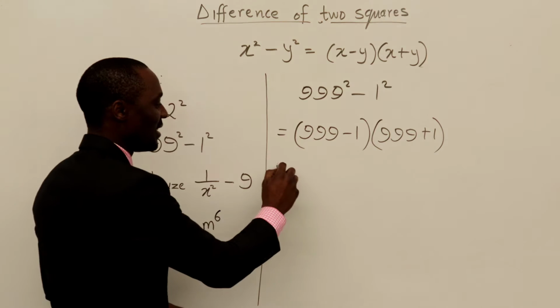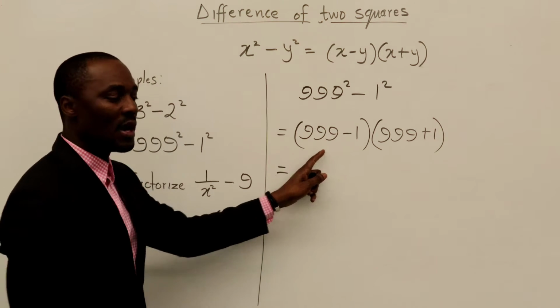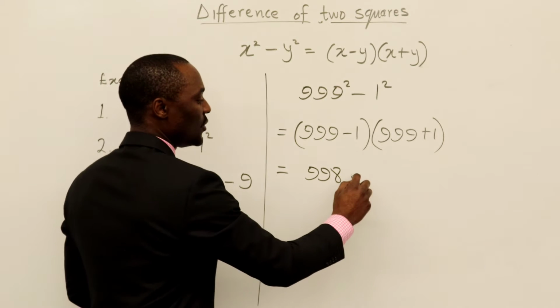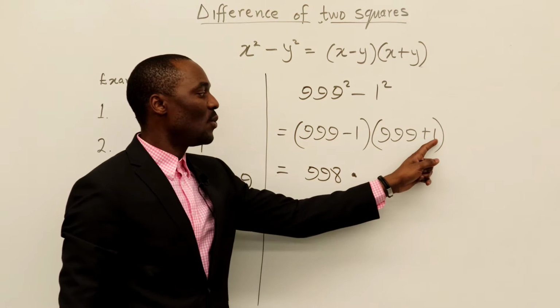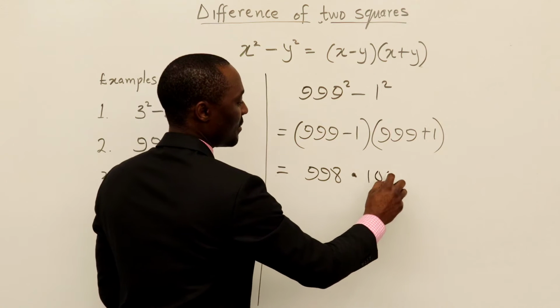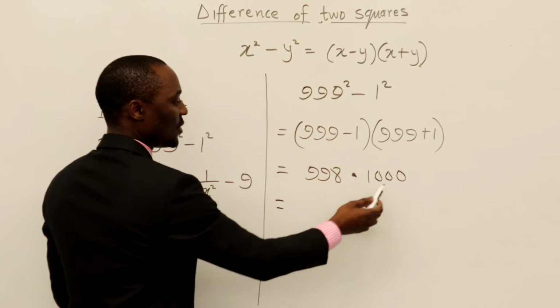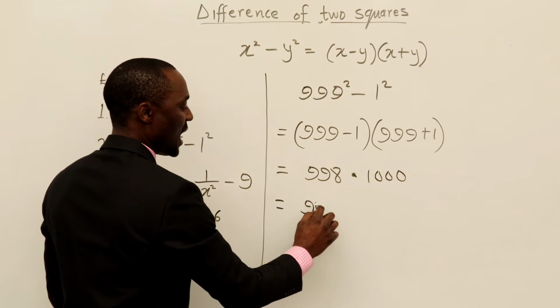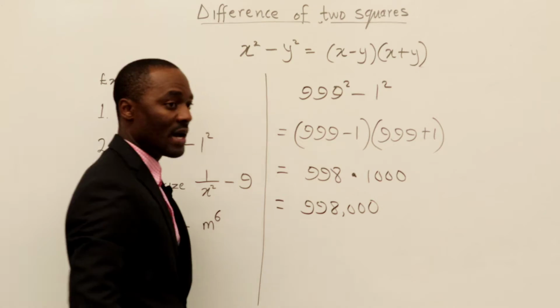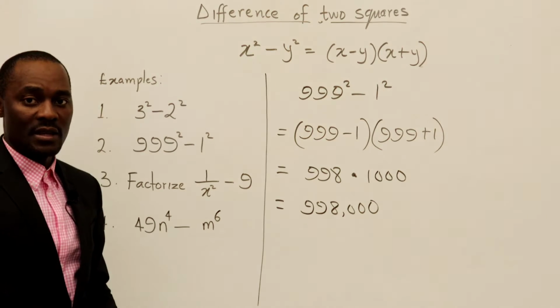You can easily tell that if you reduce this by 1, you're going to end up with 998. And you're multiplying it by, if you add 1 to 999, you're going to get 1,000. So, just transfer the zeros here. Your answer will be 998,000. That's your answer. Okay?